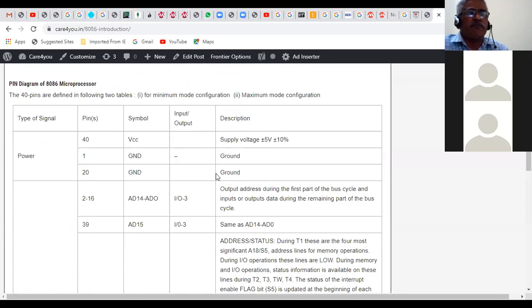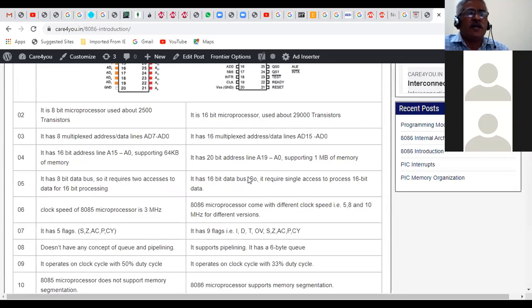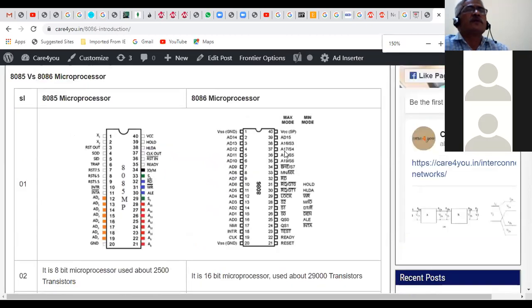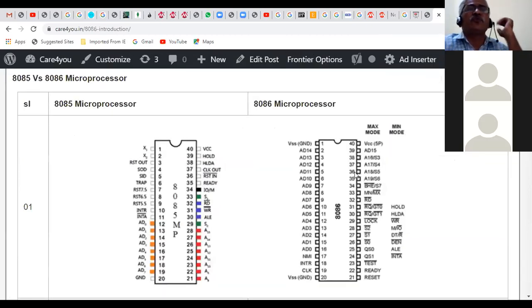Now look at the pin configurations. I will be referring to this pin diagram. Before I go into the table and discuss it, you can see in this diagram, starting from pin number 16, you have AD0, then continuously upwards up to pin number 2, which is AD14.